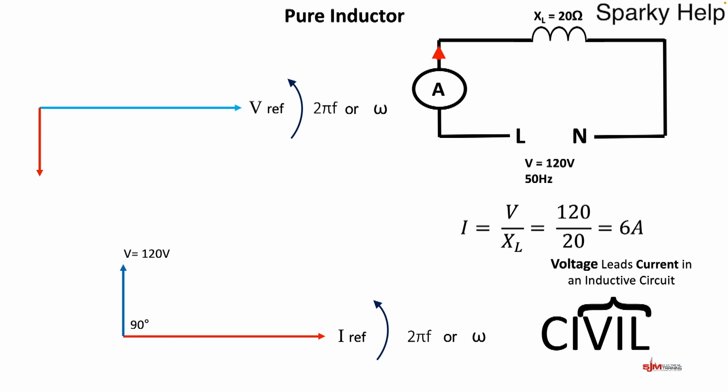Remember, if you imagine these all move together, so they always stay 90 degrees apart. And there we've got our current of 6 amps. So there we've got a phasor diagram for this particular circuit. Because there's only one component, it can be either one of those.